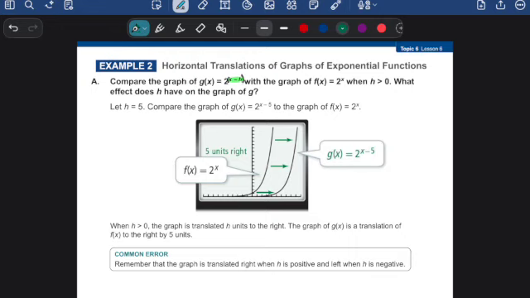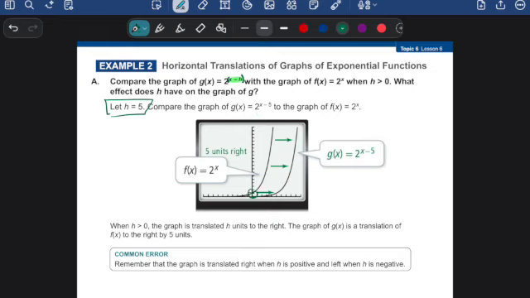Inside those parentheses, we have a change. And we have to think it's also opposite. So if we were to graph something, in order to get back to the parent function, we have to add h. Okay, so it's shifting in the opposite direction. So let's say h equals 5, and let's compare the parent function. So here's our graph of our parent function.